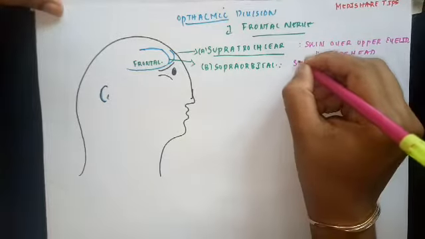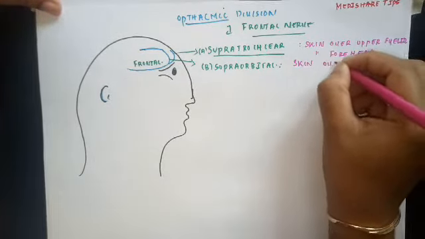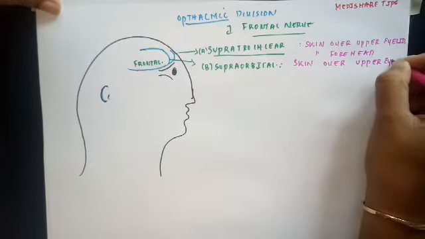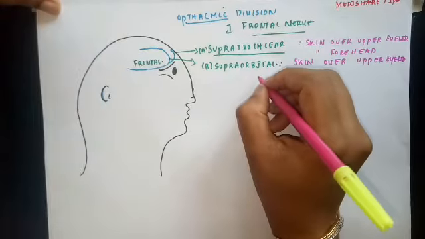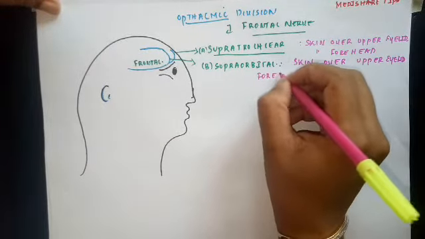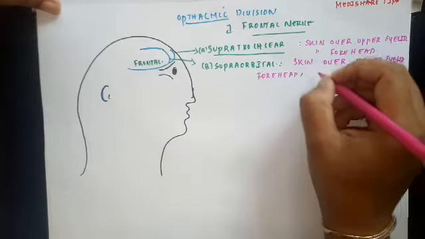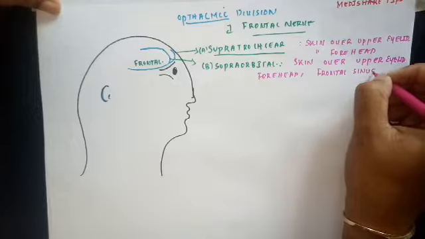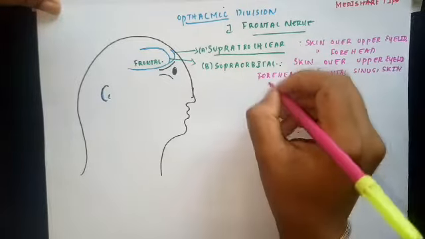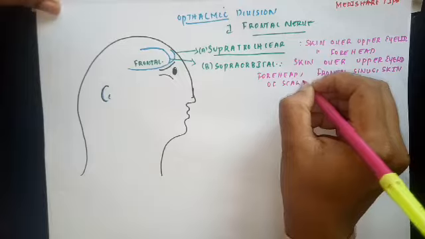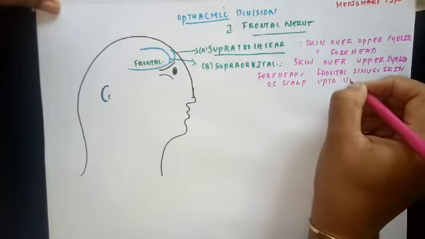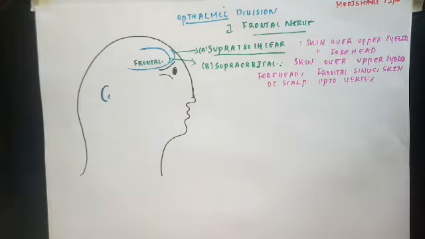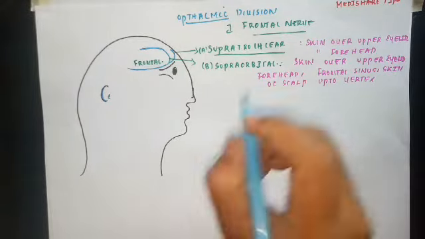So the supply is skin over the upper eyelid, skin over the forehead, frontal sinus, skin of the scalp up to the vertex. So this is about the frontal nerve, which is a branch of the ophthalmic division.